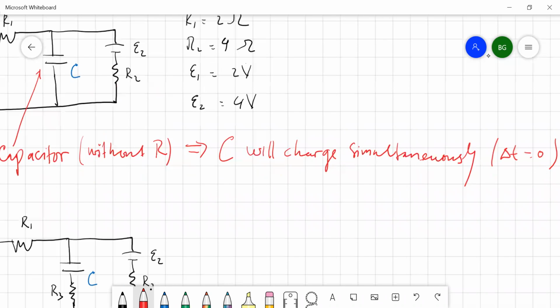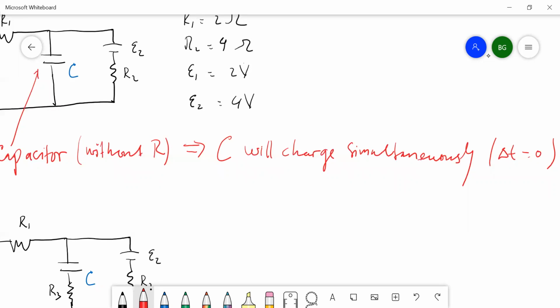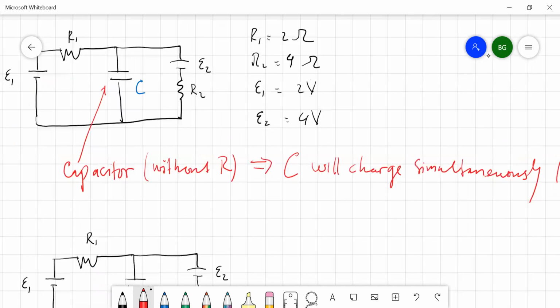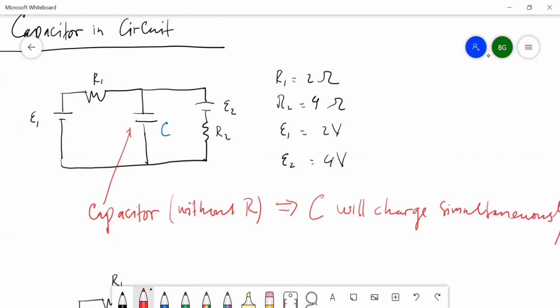So if the C is fully charged, then for example, the current only flows in this direction, let's say. But there is no current here.